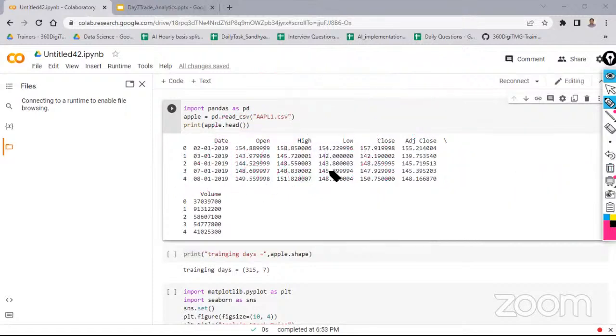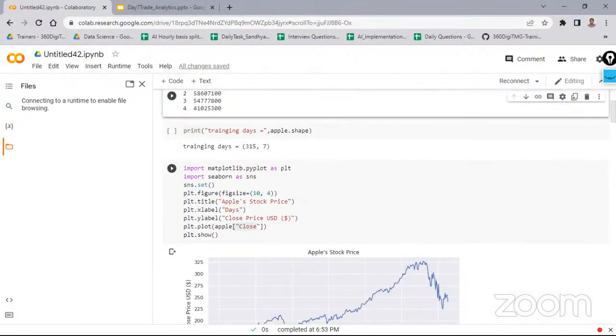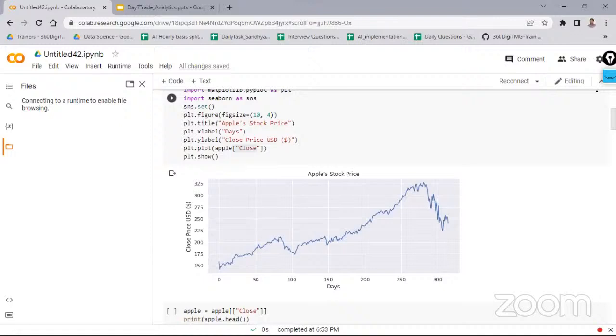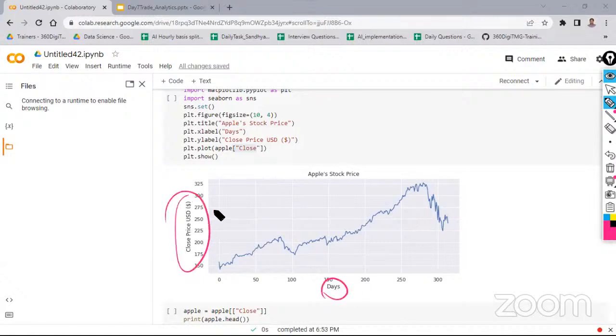So from this, end node will be increase or decrease. So we have considered the data and we have plotted for the given data. So this is number of days and this is the price.